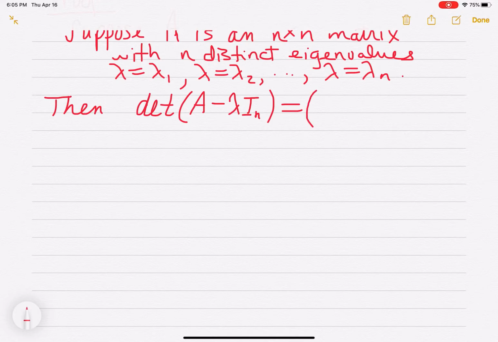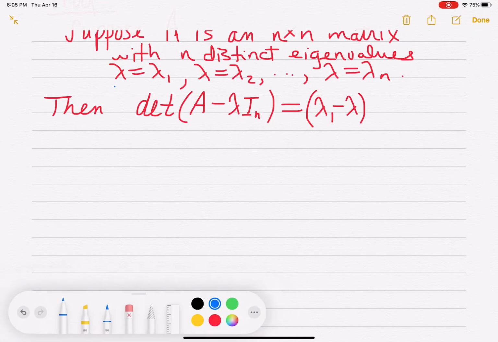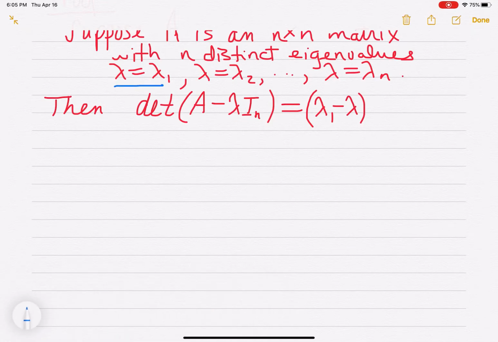Our first factor is going to be lambda 1 minus lambda. That's our first factor. So if you look here, at our first root, lambda equals lambda 1, basically just subtract lambda from both sides and you get 0 equals lambda 1 minus lambda. And so on and so forth. So then our second factor would be lambda 2 minus lambda, and so on and so forth.